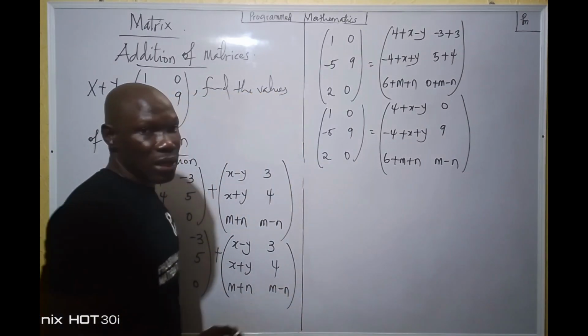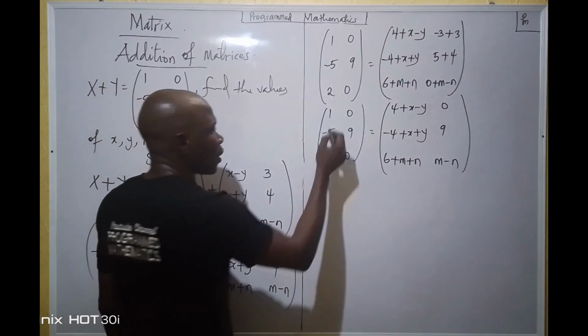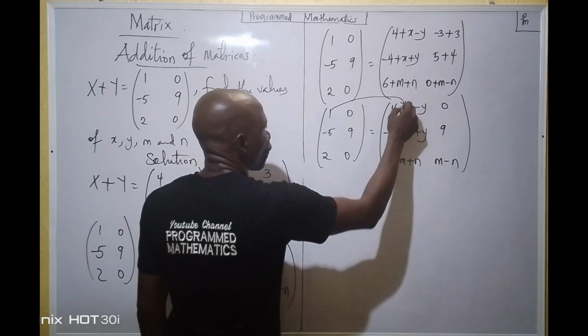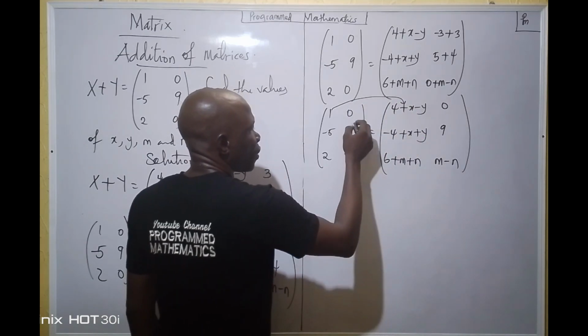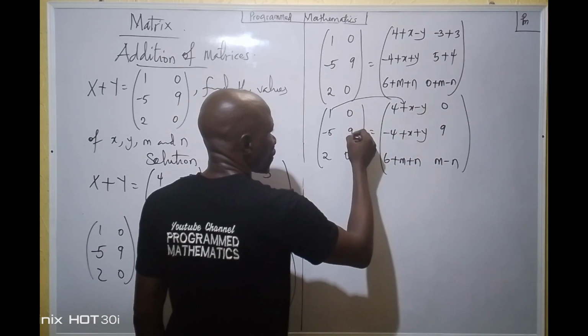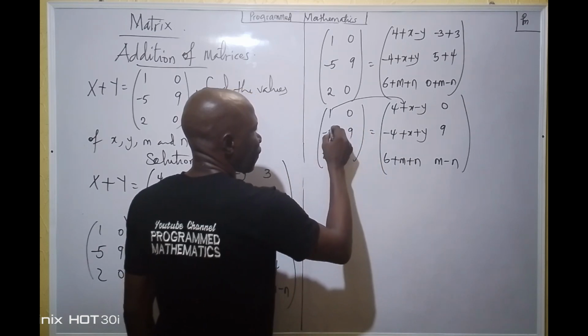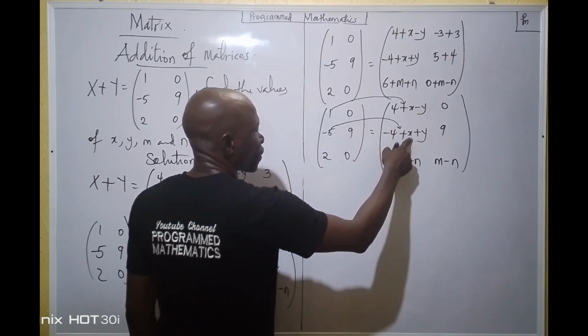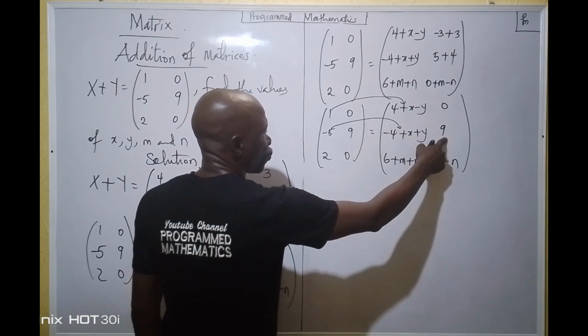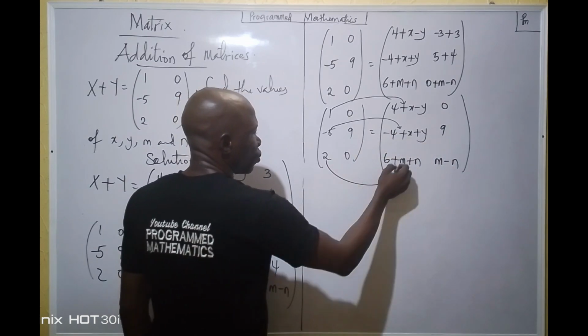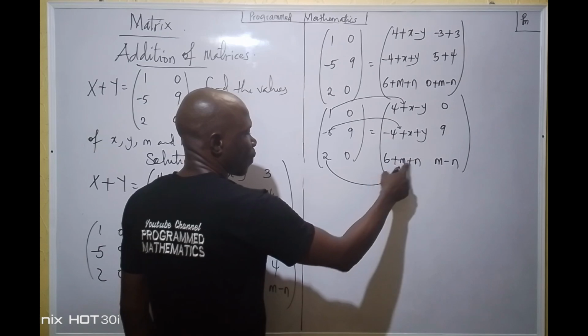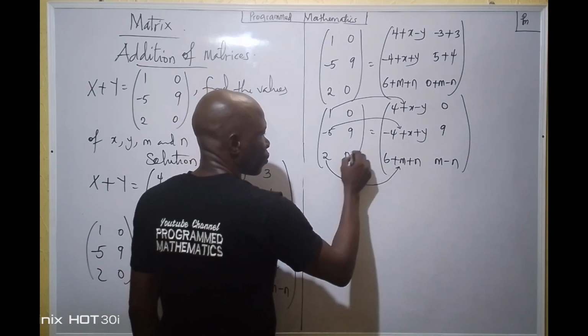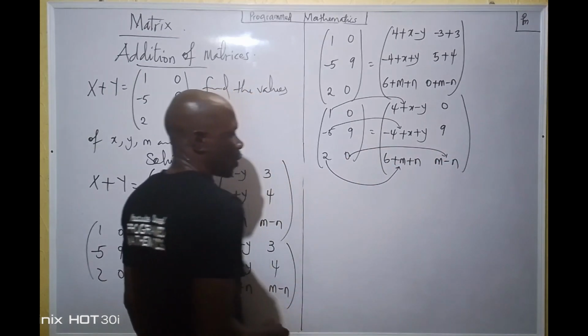And so what's this saying now? This is saying that 1 is equal to 4 plus x minus y, 0 is 0, you can see that. Minus 5 is equal to minus 4 plus x plus y, 9 is equal to 9, then 2 is equal to 6 plus m plus n, 0 is equal to m minus n.